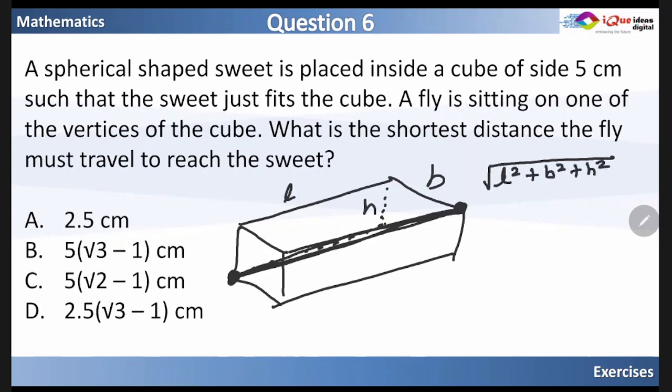Just like the length of the diagonal in a two-sided figure like a square or a rectangle is root of L square plus B square, for a three-dimensional figure like a cube or a cuboid, root of L square plus B square plus H square will give you the largest diagonal. It is nothing but application of Pythagoras' theorem twice. You can prove it, but it's easier to remember. Do you get this fact?